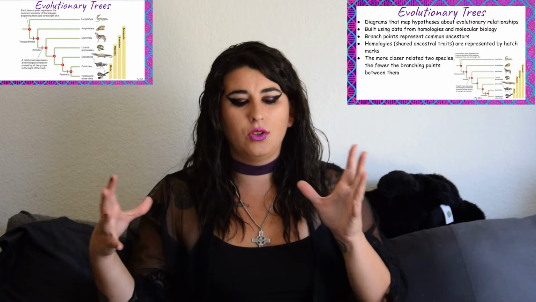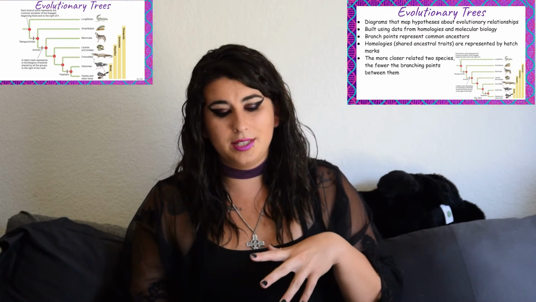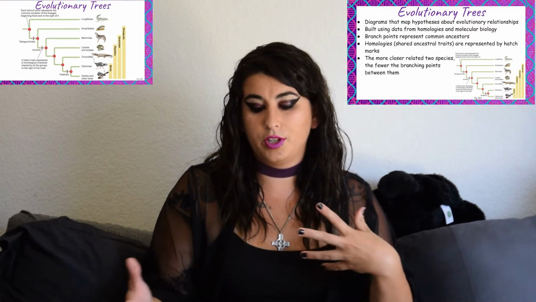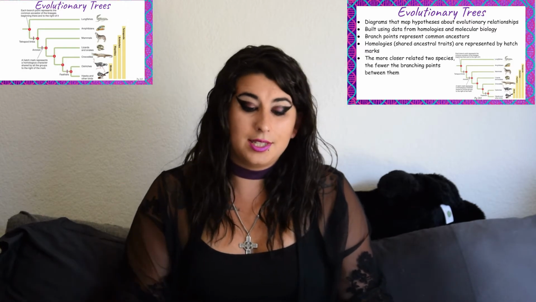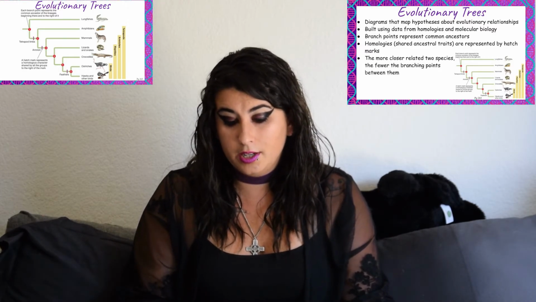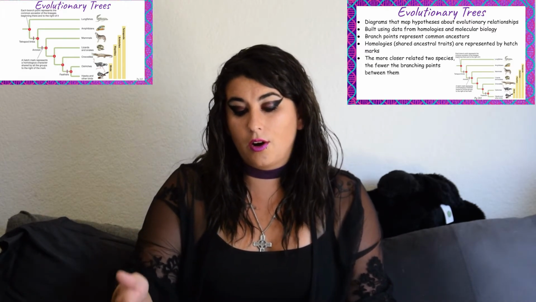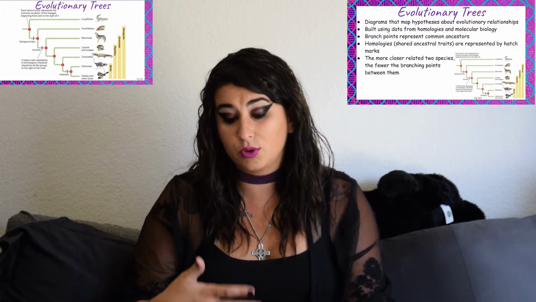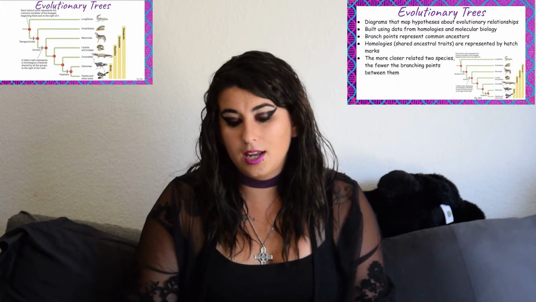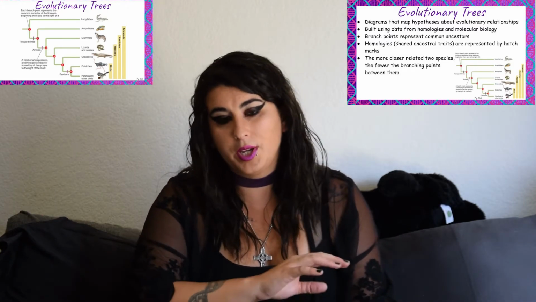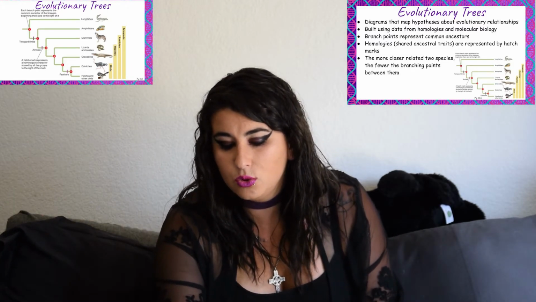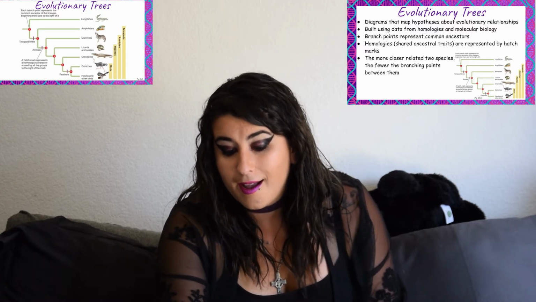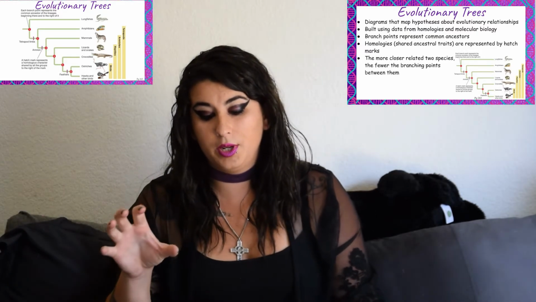And then the closer related species are, the fewer the branching points between them. So as you can see in this evolutionary tree, the ostriches are much closer related to the hawks and other birds with only one branch point than they are to amphibians. Because if we count backwards, there are 1, 2, 3, 4, 5 branch points between the ostriches and the amphibians.